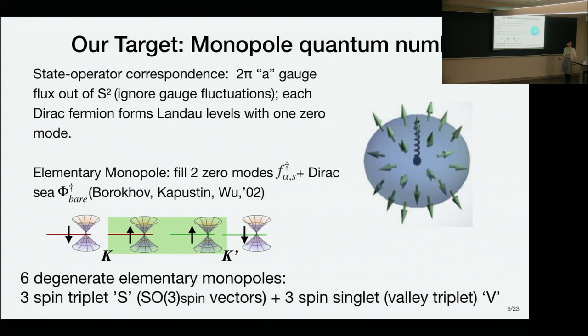Then everything is bosonic. Both the physical monopole and the bare monopole differ by an even number of fermion occupations. Right, if they are all physical operators, like local operators, then it should be bosonic.